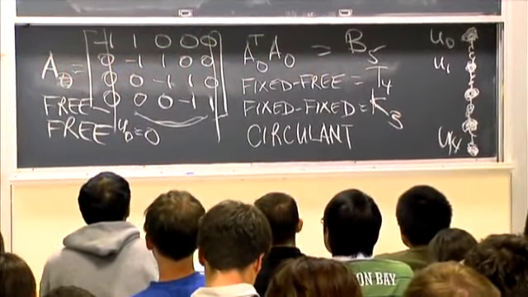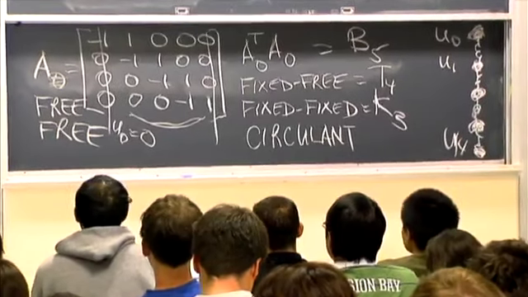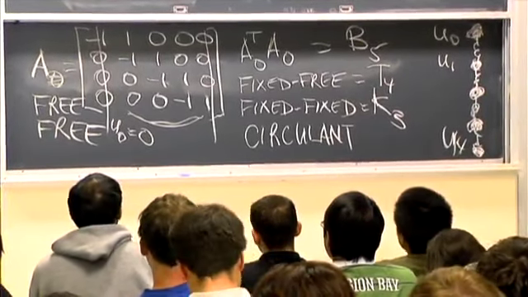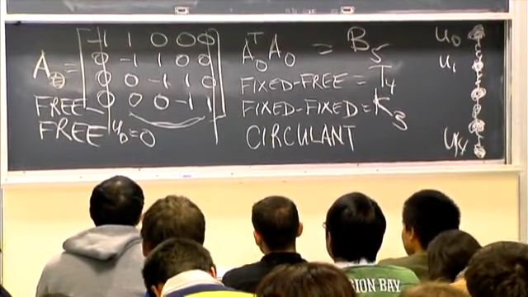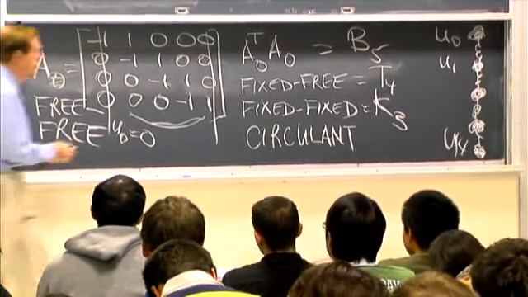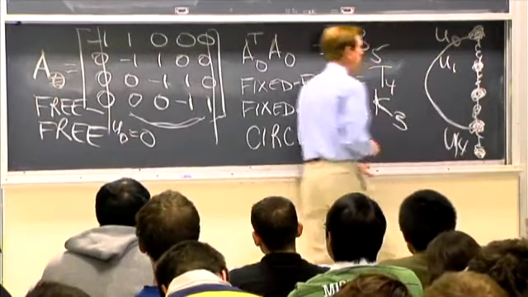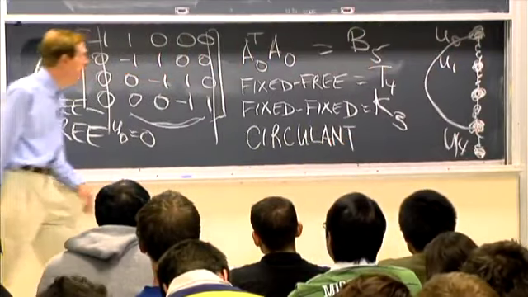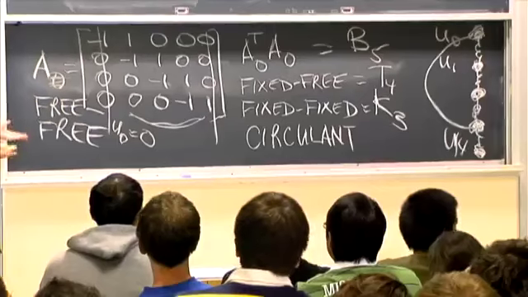And while we're at it, how would I get one of these circular ones, which is on our special list? For Fourier, it's the really special guy. So for a circular one, I'm going to connect U4 back to U0. So I'm going to put these guys back in. And what else would change?